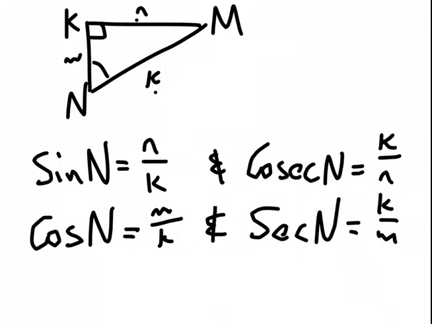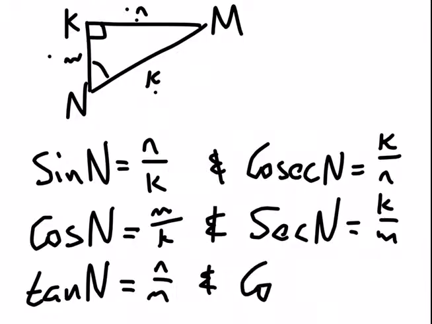So again, when it comes to tan of that same angle, tan should be opposite over adjacent. So we'll have n over m. So in terms of cot of that same angle, you don't need to think too much, you just swap. That's all that you do.